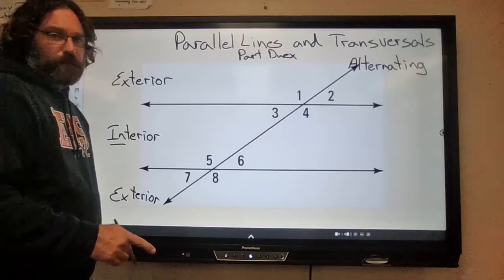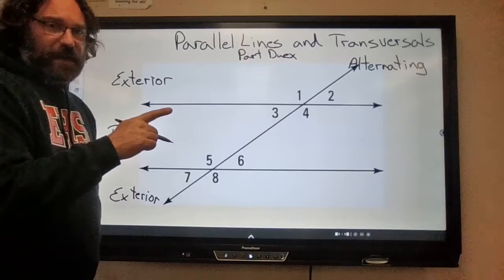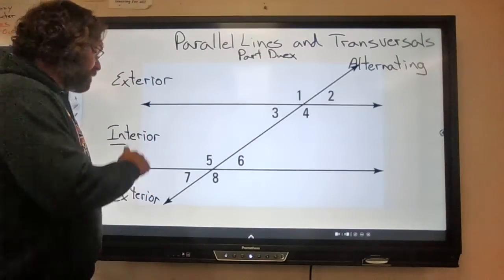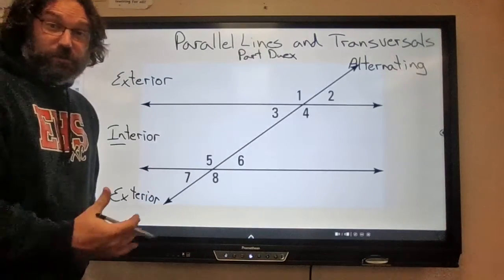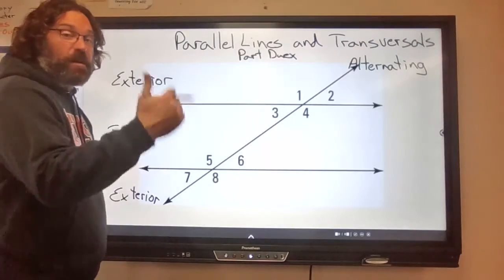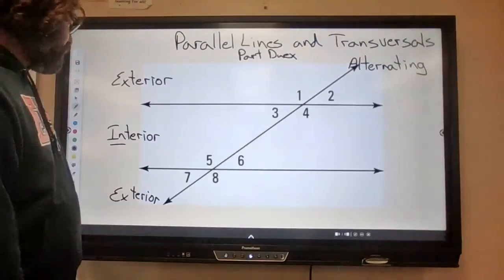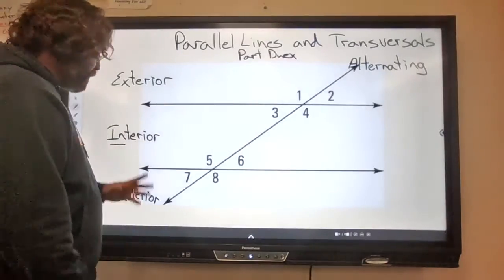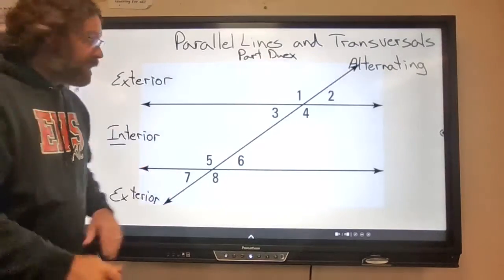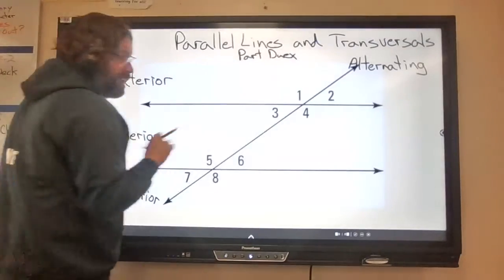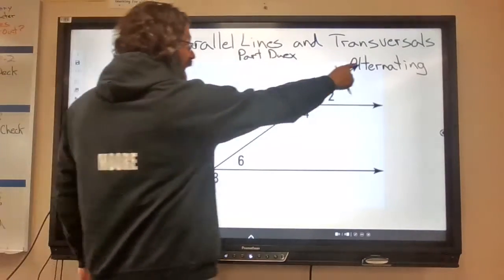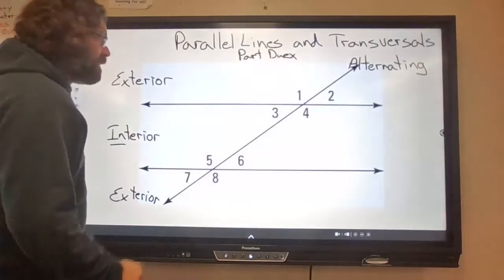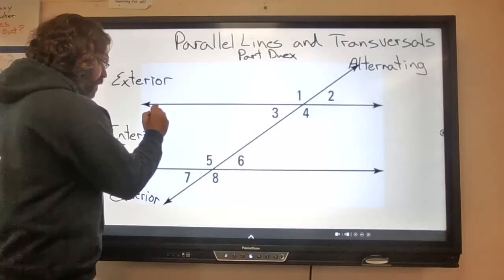All right, now that we've got all this set up, let's take a look at some of the relationships that we can talk about using interior, exterior, and alternating. Let's start with interior alternating angles. It's self-defining, really. It means we're going to be in here in the interior and we're going to look at alternating angles.